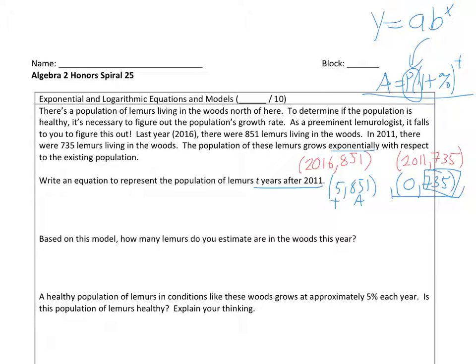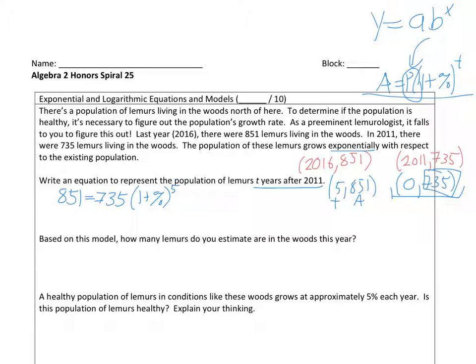We get an equation that's going to start off by looking at this. So 851 is equal to 735 times, we don't really know what this one is yet. I'm going to just call it 1 plus a percent right now, or some kind of growth rate, to the 5th power.